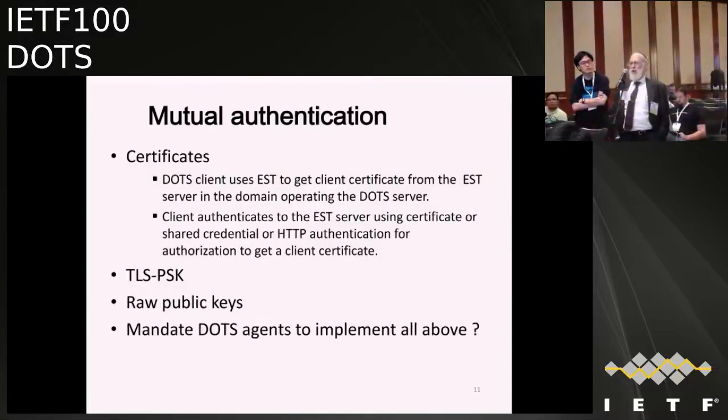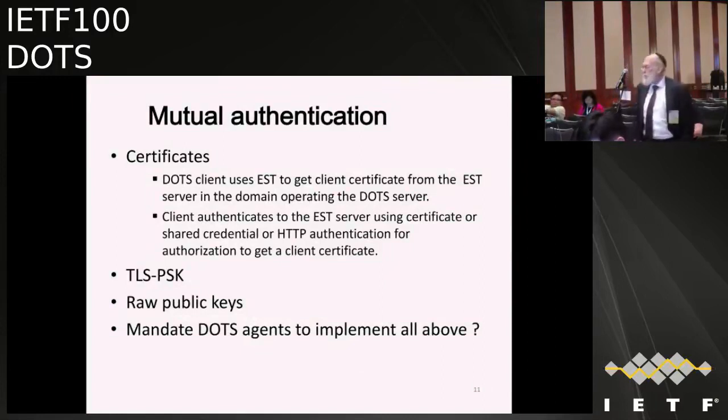This is the server side answer: all three in the server, and the client can choose which works best for it, because there are clients which can't do anything but raw public keys. So the server must do all three, and clients select one. Okay, and the queue just dissolved, which means the answer was sufficient. So please, Matt, proceed.